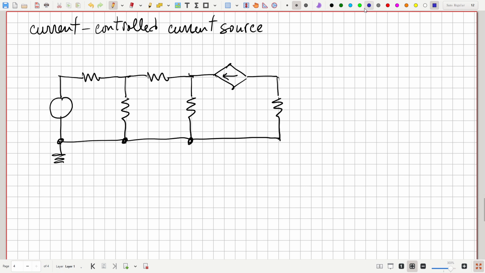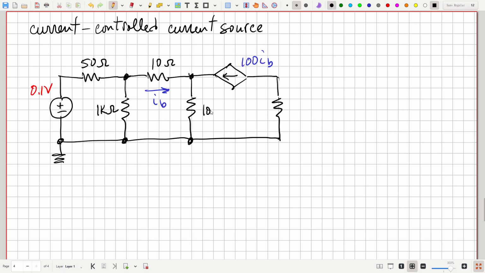Okay, this current here is 100 IB, where IB is that current right there. This is 10 ohms, 50 ohms, 1 kilo ohm. This is 1/10 of a volt.